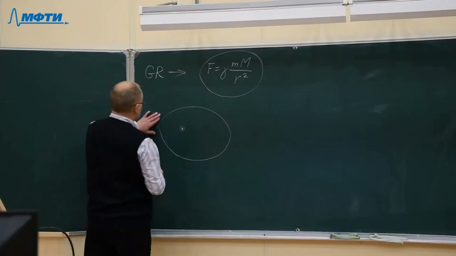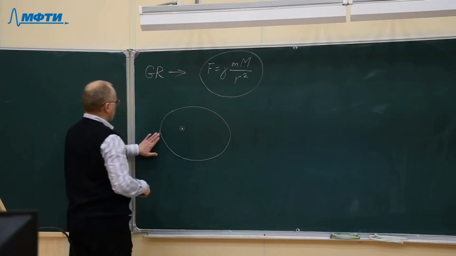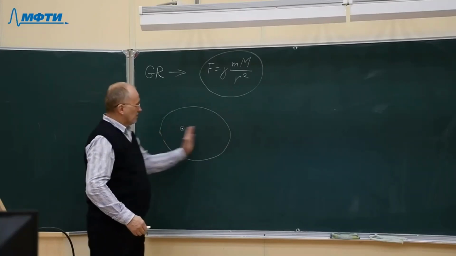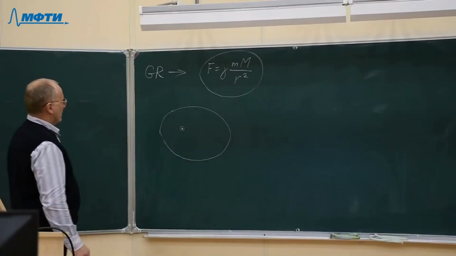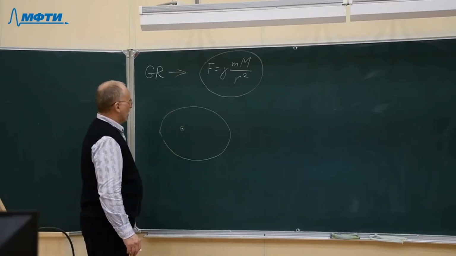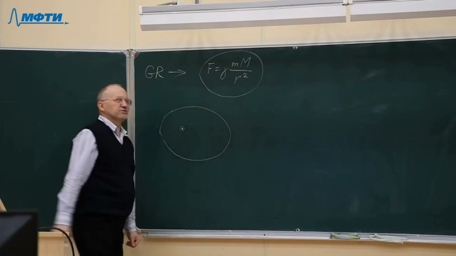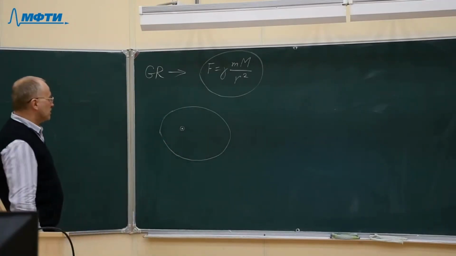I will draw this trajectory in an exaggerated way, showing you that the ellipse is very well distinguished from the circle. But anyway, this ellipse is very close to a circle. I'm just drawing it in this way so that everything will be clear to you.